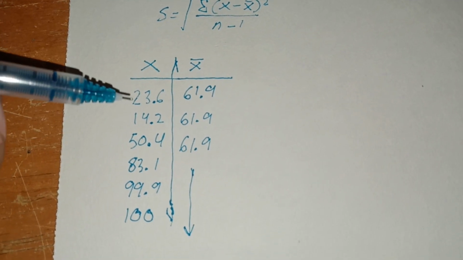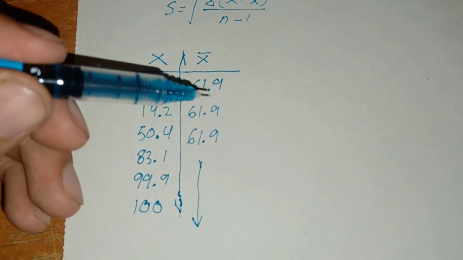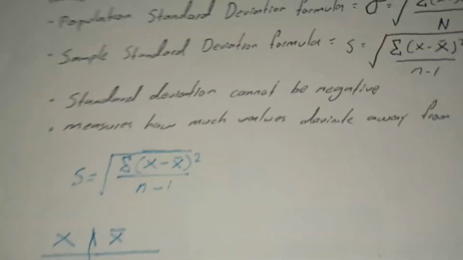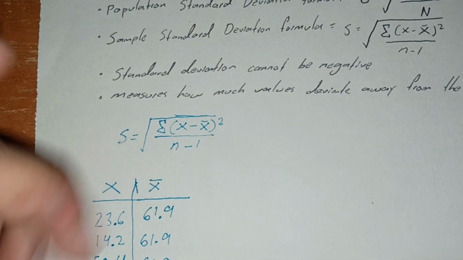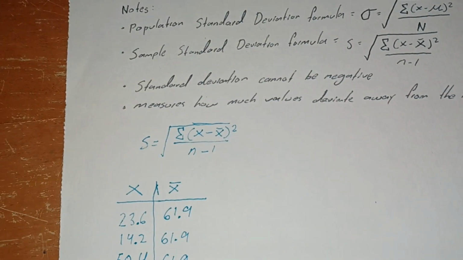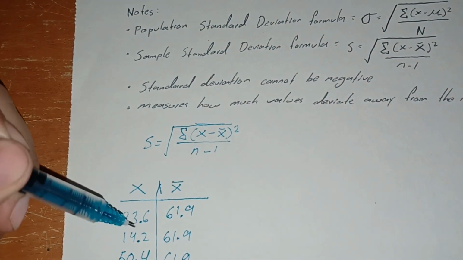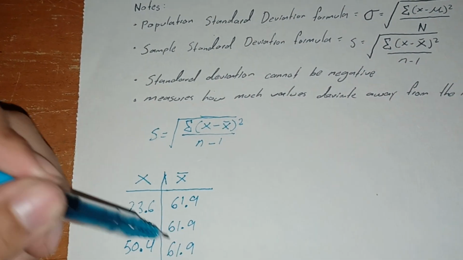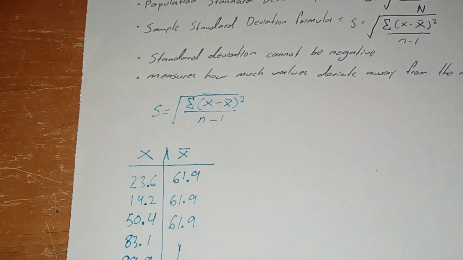Just know that we are going to subtract each individual value by 61.9 next, because that is what our formula wants us to do. So it wants us to take your x value and subtract by the mean, 61.9, each and every single one of them.